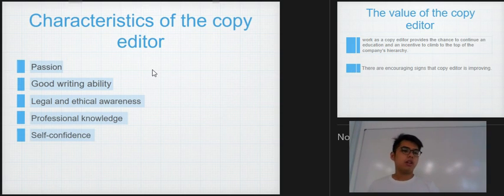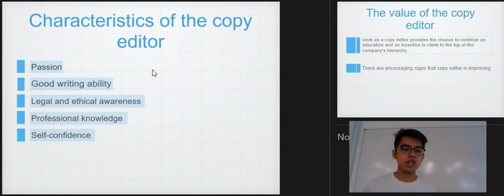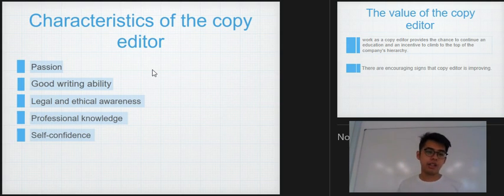Now, I'd like to talk about some characteristics of the copy editor. Because copy editing, in my opinion, is never easy work. It needs some passion. For example, copy editors need to have detailed knowledge of grammar, spelling, style, punctuation usage, and tightening.